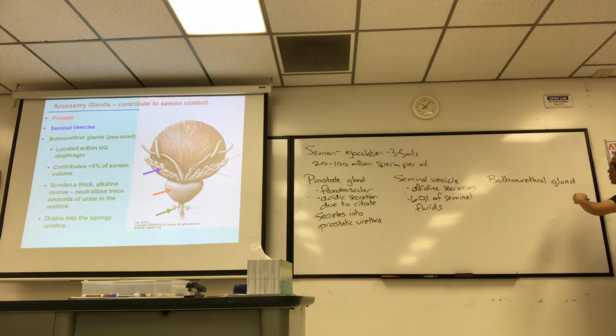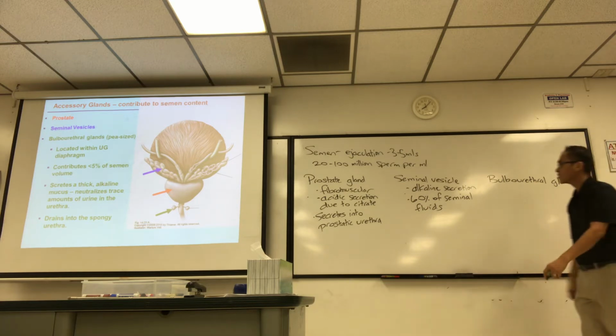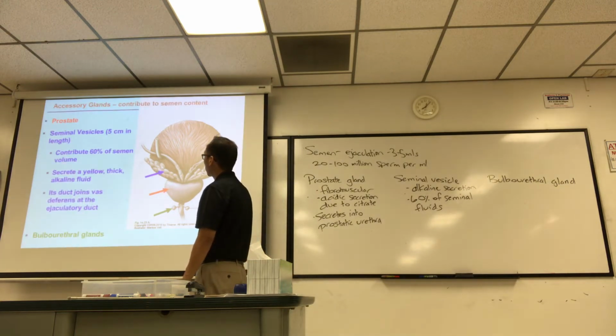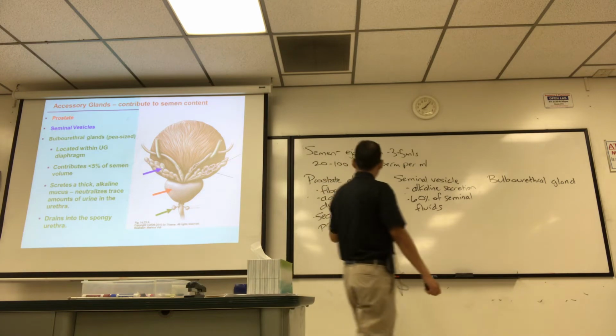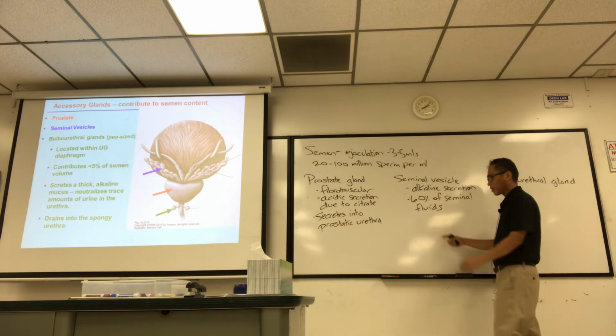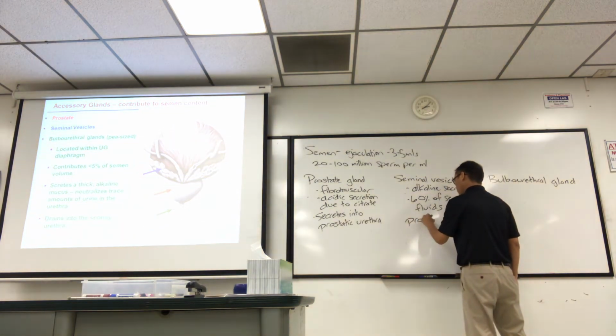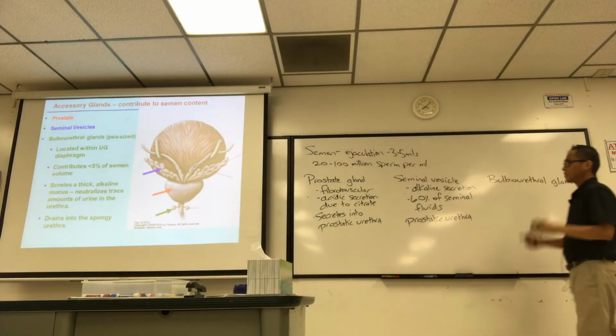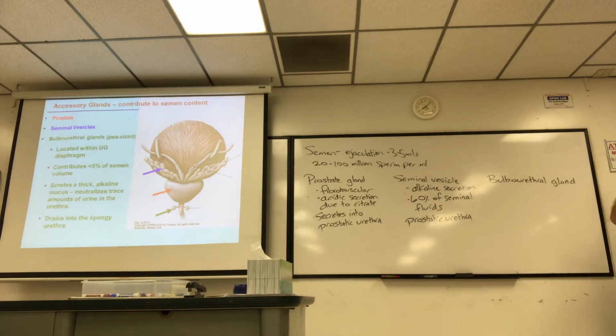Both the prostate and the seminal vesicle secrete directly or indirectly into the prostatic urethra. The sperm and all of these secretions are coming together in the urethra. The bulbourethral gland, however, will secrete directly into the spongy urethra.